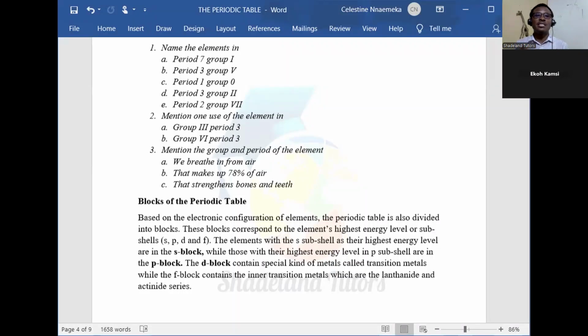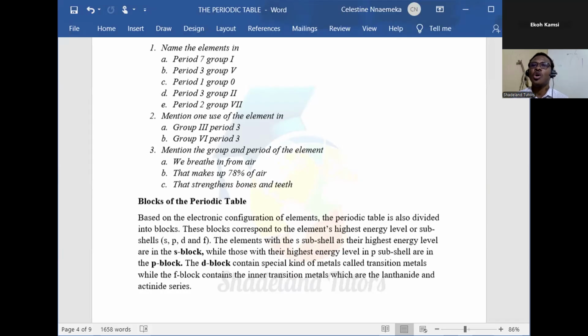So the functional group is the active site of an organic compound. That part of the compound is what determines how it reacts chemically. You are also going to do functional group towards the end of SS2 or the beginning of SS3.